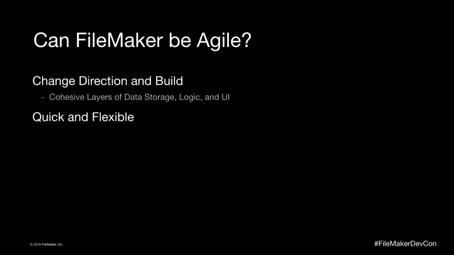The next thing is that it has to be quick and flexible. And again, we know that FileMaker is quick and flexible. With the interface being what you see is what you get, we even have project managers that are able to create layouts, create mock-ups to show the client or whoever you're working with so that you can move around objects, move around your layout, and redefine it if you needed right then and there.